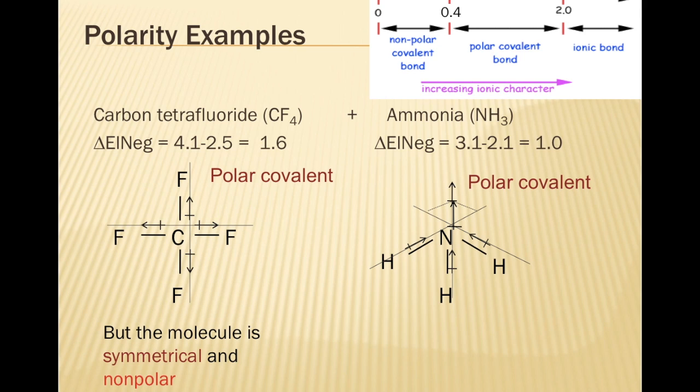And so basically the nitrogen has a lone pair of electrons that's pushing away the hydrogens, so that it's an asymmetrical molecule. And so there's going to be a partial negative charge on the nitrogen and a partial positive charge on the hydrogens. And because this molecule is asymmetrical, the whole molecule is going to be polar because of these asymmetrical charges.